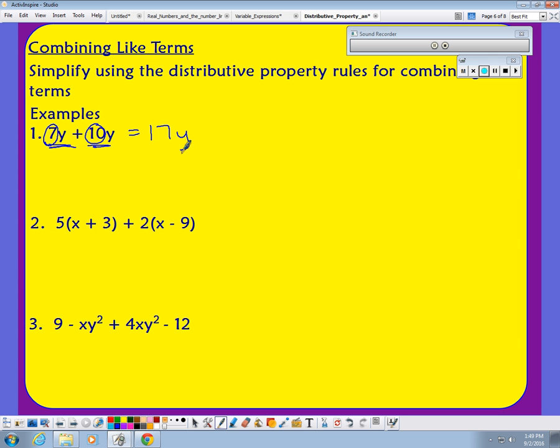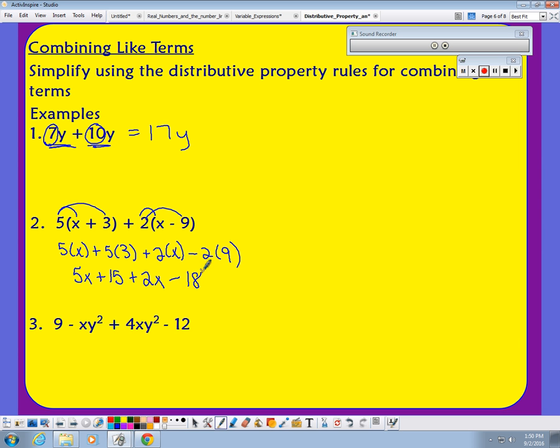we're going to use the distributive property first. So 5 times x plus 5 times 3 plus 2 times x minus 2 times 9. So 5 times x is 5x, 5 times 3 is 15, 2 times x is 2x, and 2 times 9 is 18.